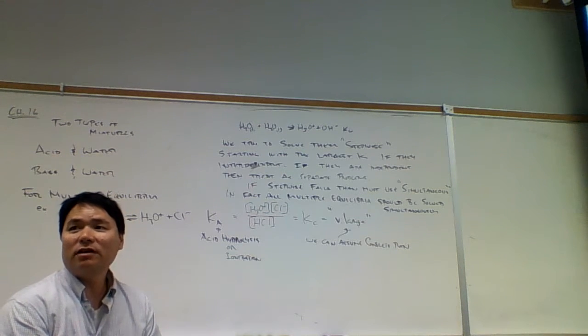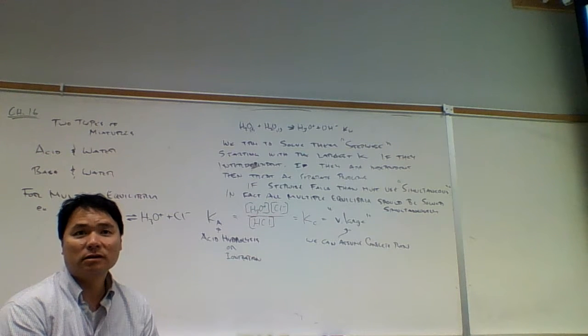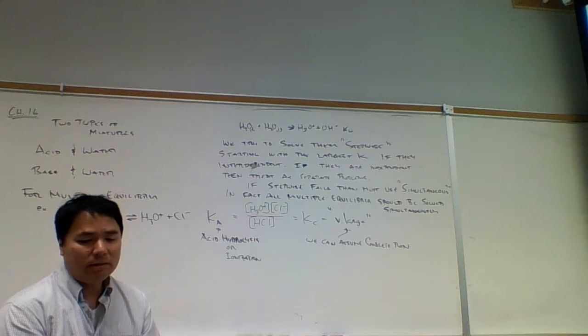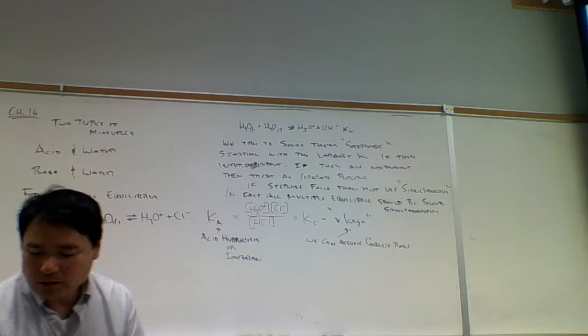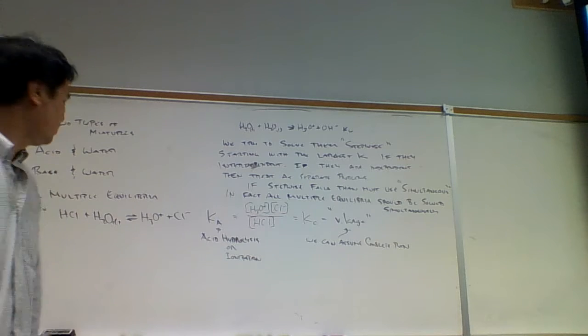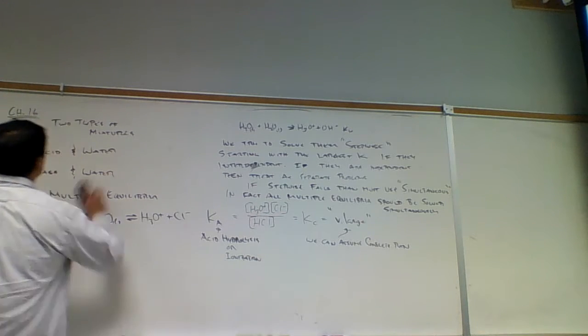And so if we could solve it using the stepwise procedure, we will save ourselves a lot of work. So let me show you a typical setup for chapter 16. In fact, all the problems we're going to be doing like this. So it's just a redo of the previous problem we did.